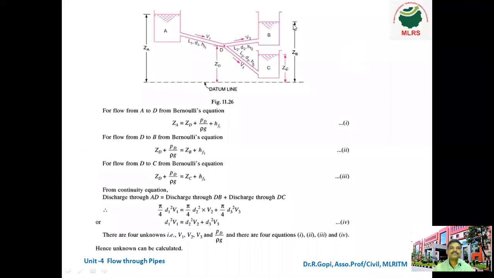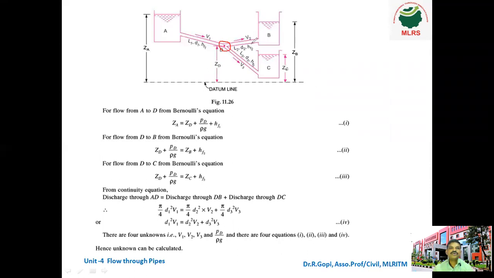You can see here there are three tanks: tank A, tank B, and tank C. These three tanks are connected through pipes of different diameters, different lengths, and different losses of head due to friction. They meet at the point D. ZA, ZB, ZC, and ZD are the datum heads from the datum line.